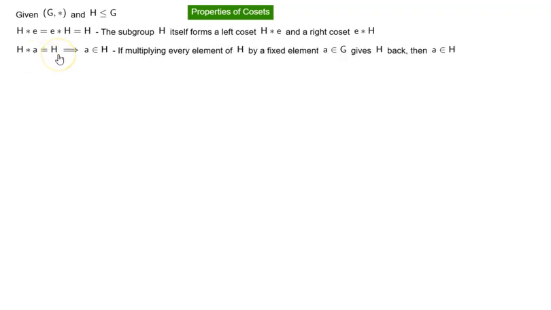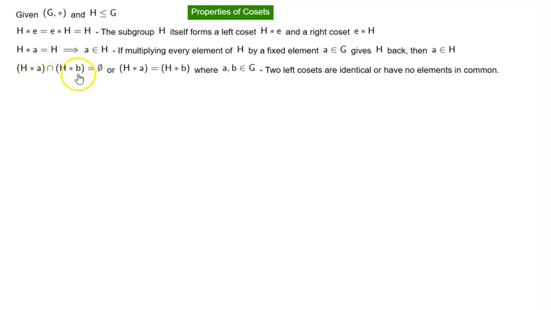H times A is equal to H implies A is in H. So if multiplying every element of H by a fixed element A in G gives H back, then A is in H. H times A intersection H times B is either a null set or they are equal to each other, where A and B are in G. So, two left cosets are identical or have no elements in common.